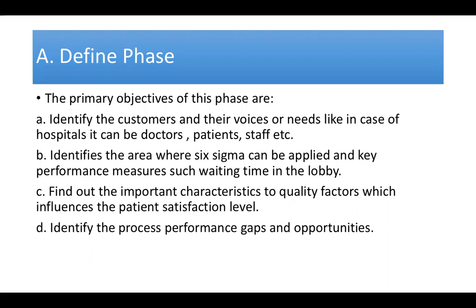And also find out the areas where we can apply Six Sigma, whether it is process outcome or process variation. As I said, waiting time in the lobby. You want to see the instances when a patient had to wait for more than 30 minutes. That way, we are defining what the unacceptable situations are.